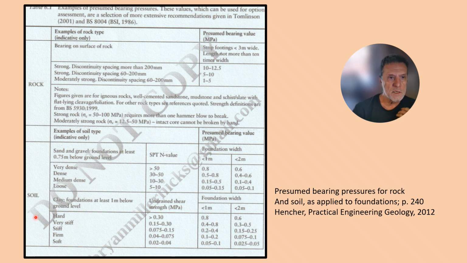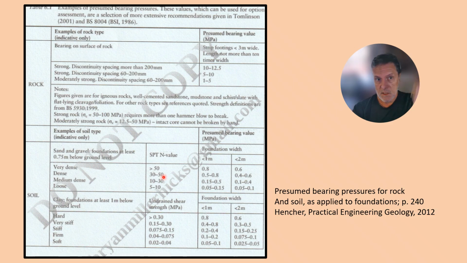Here's another handy chart. I won't go into it too much. So you have soils and you have standard penetration tests. These are blow counts. So you're looking at 30 to 50 blows per foot of penetration of the sample while you're sampling in a drill rig.